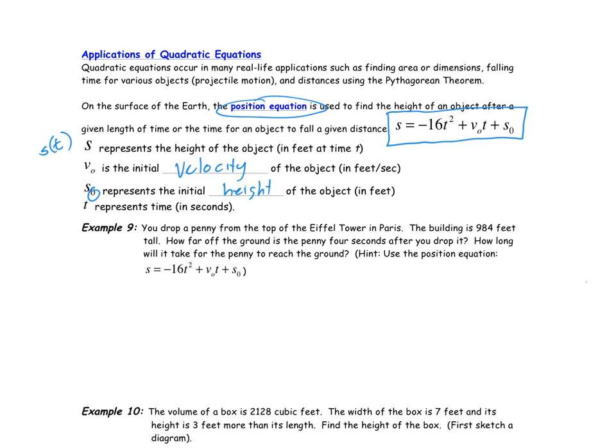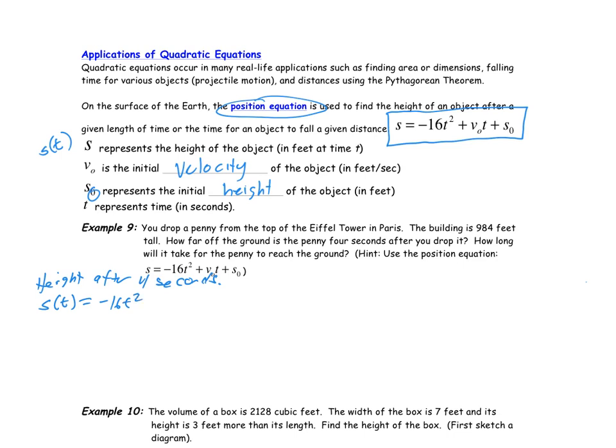So we want to know the height after 4 seconds. For this, we just need to use the position equation, substituting t equals 4 into our equation. So S as a function of t, I'll write that out explicitly, for our case is negative 16t squared.